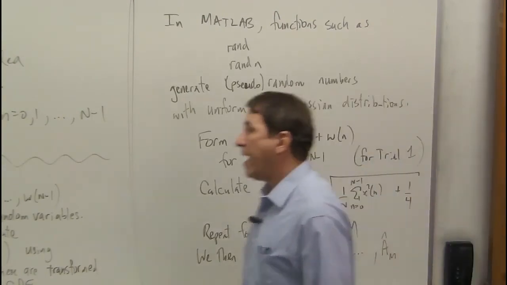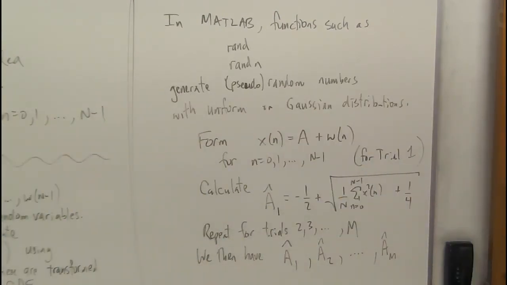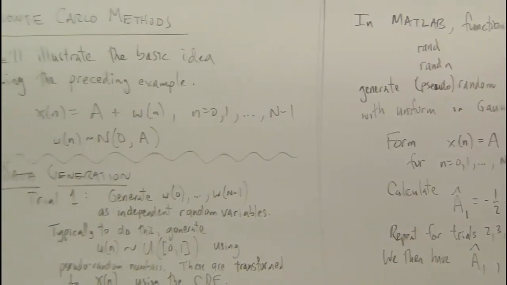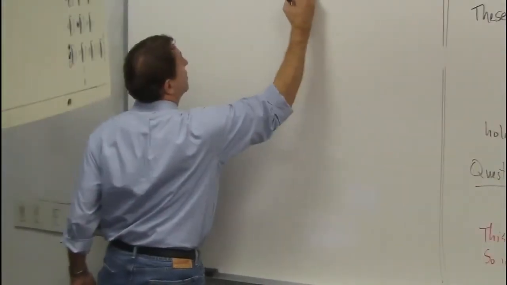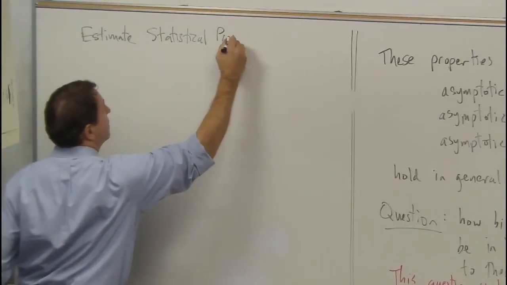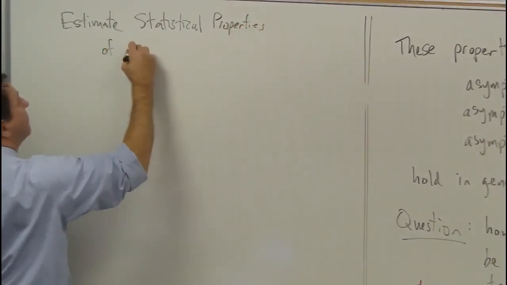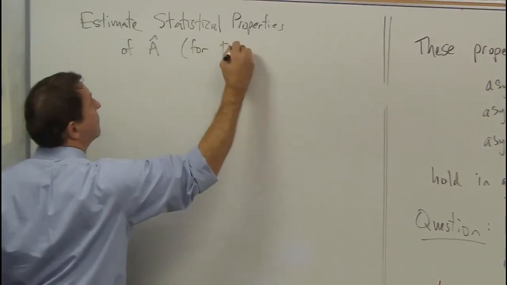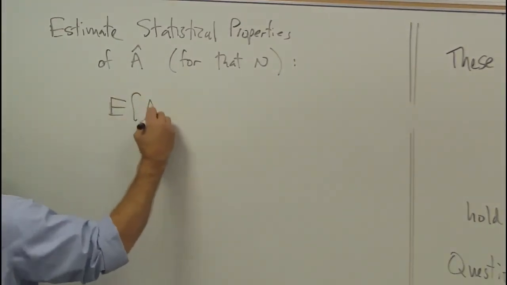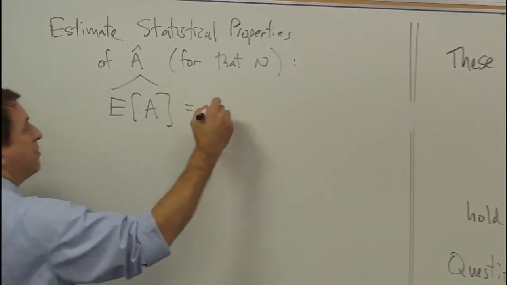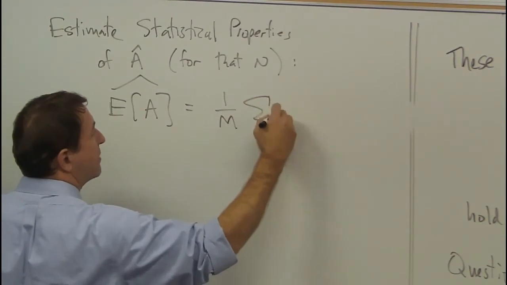All right? And then having generated these capital M different values, we can estimate something about the statistics of the maximum likelihood estimate for that value of N. Okay, so if we want to estimate the mean, we can just do that by averaging those estimates.